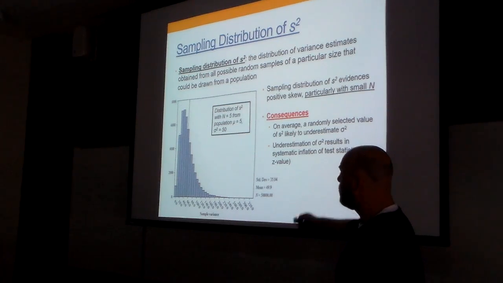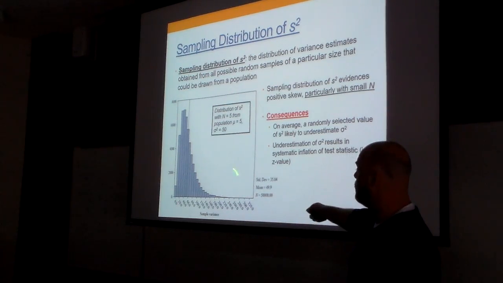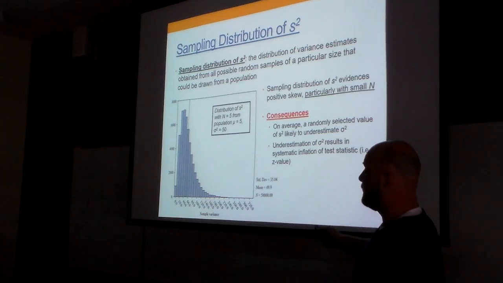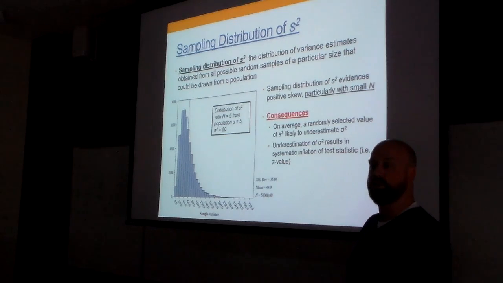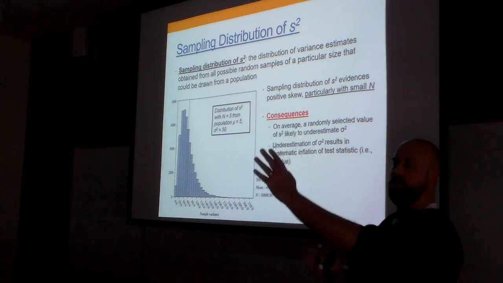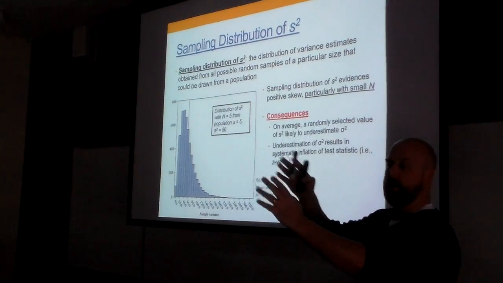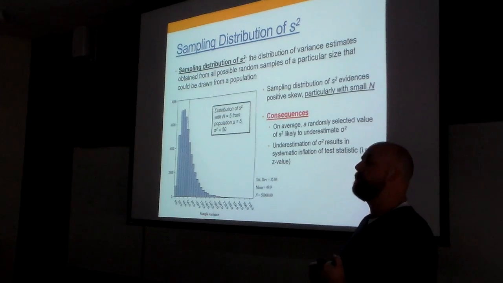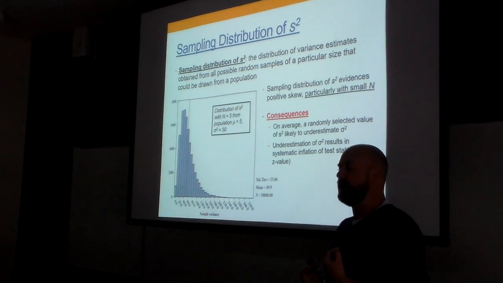So if we just look at this distribution, where are most of our samples falling? To the left of the mean, right? This is a skewed distribution. My mean is getting dragged out. Can I have a negative value for my variance?